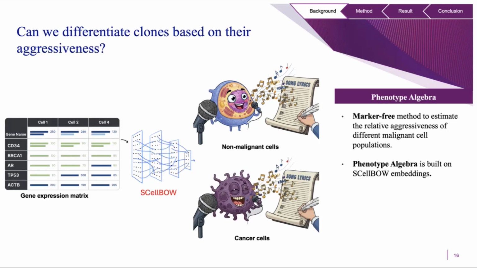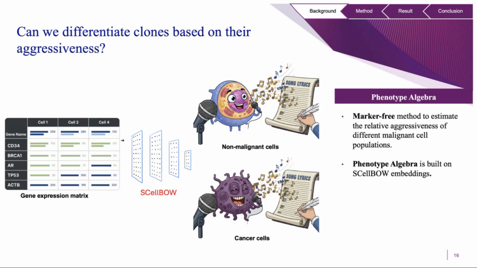So we have identified the clonal populations that are there, and there are more than 10 tools existing which do the clustering, but none of the tools can identify, if we give them a tumor cell data set, which clones are aggressive and which are not. So we tried to address that question: can we differentiate the clones that have been identified using SCellBOW clustering and rank them based on their aggressiveness?